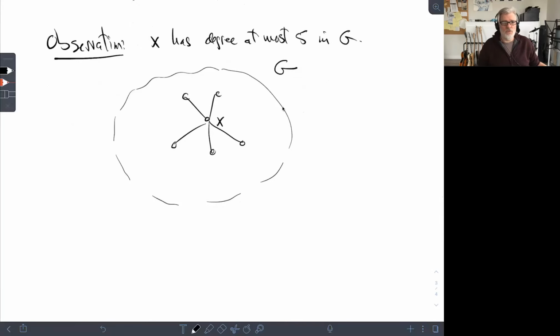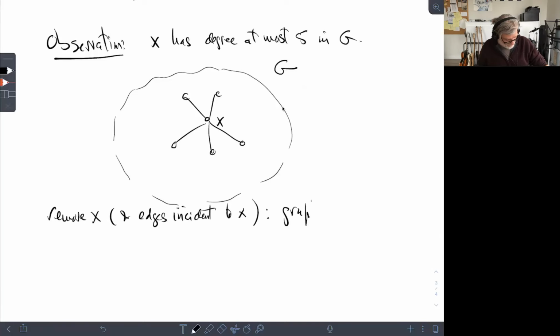What happens if I remove X and the edges incident to X? Okay, you get a new graph, G prime. What can you say about G prime? It's planar, right? G is planar. If I remove stuff, I get something which is planar.